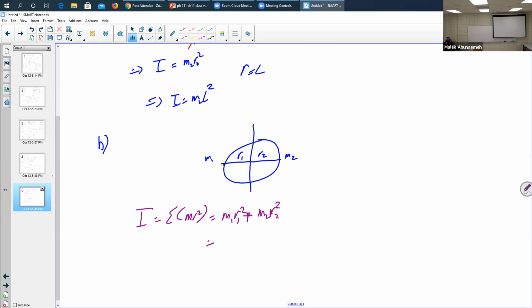In this case, r is going to equal L over 2. So it'd be m1 multiplied by L over 2 squared plus m2 times L over 2 squared.